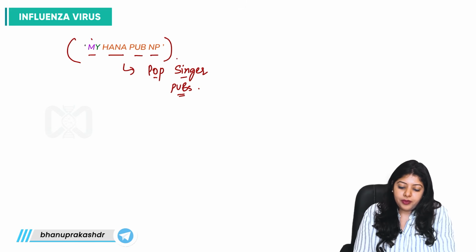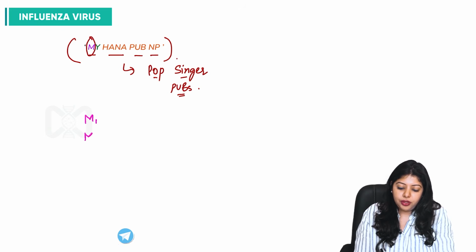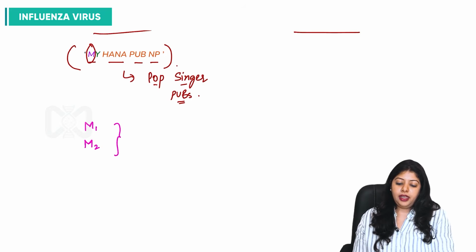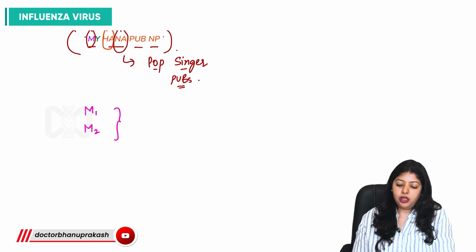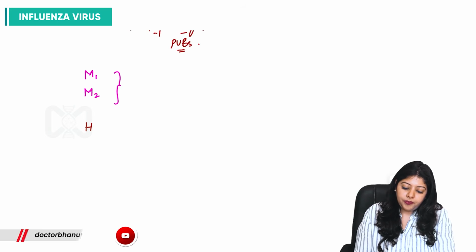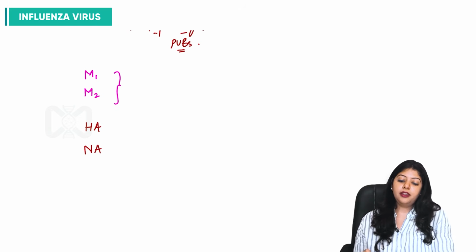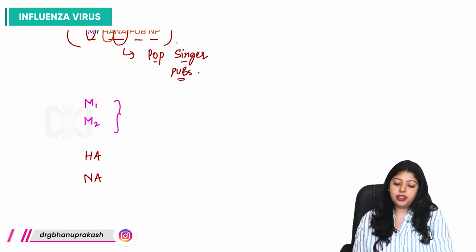So M stands for M1 and M2 proteins, right? Then HA and NA are the next structural proteins we will be discussing. These are two different structural proteins.